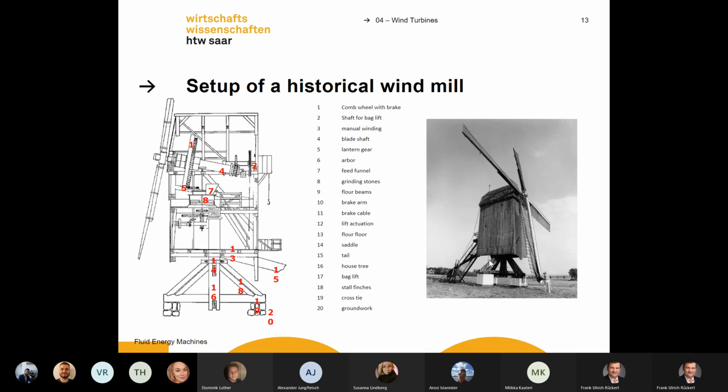It looks a bit like a house, like a barn, and inside is a gear. It's really similar to modern windmills, and of course, the gear was not used to produce electricity. It was used to grind some corn. Here you can see a millstone, or it was used for pumping.